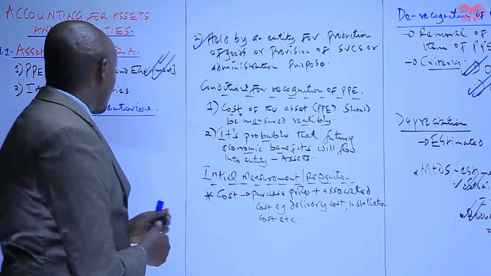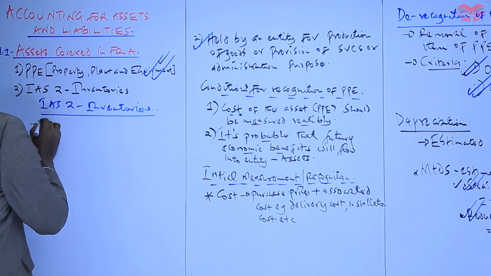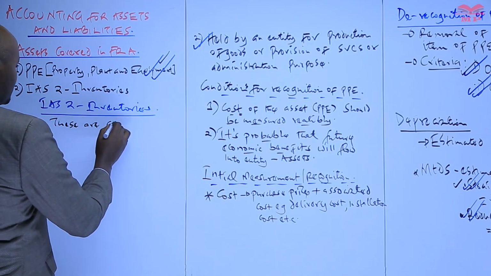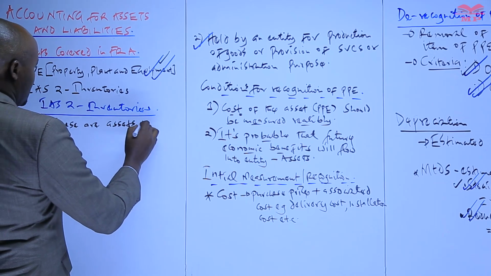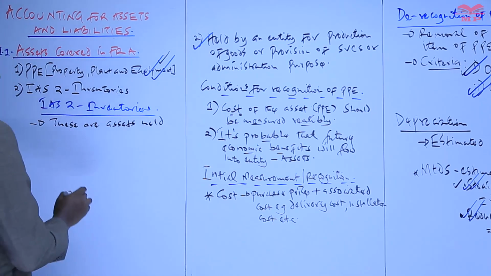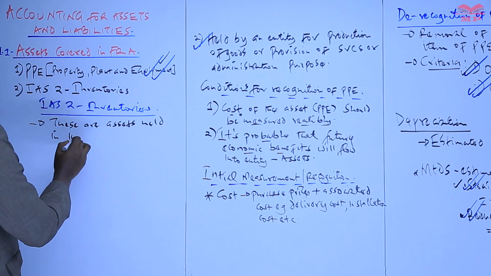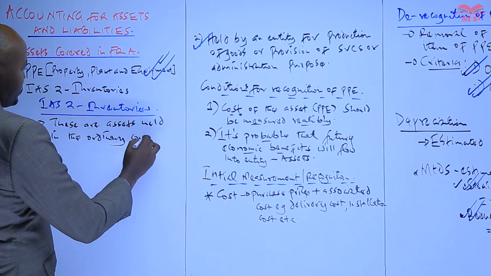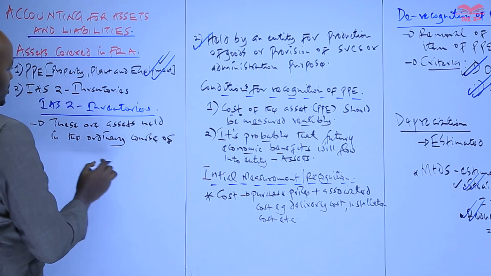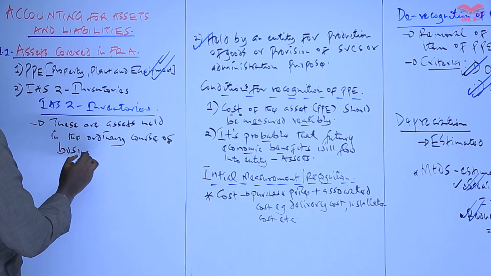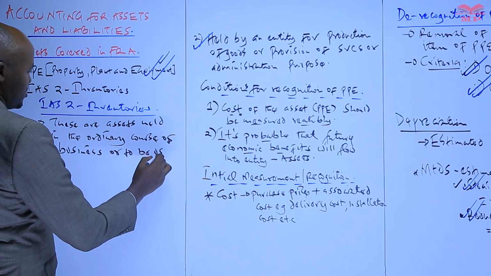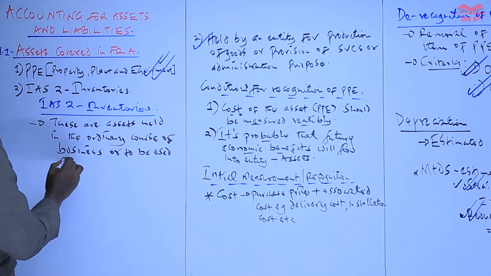So therefore, we can say that inventories are assets held in the ordinary course of business, or to be used in the production process.